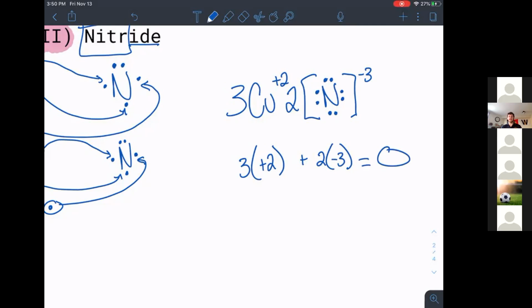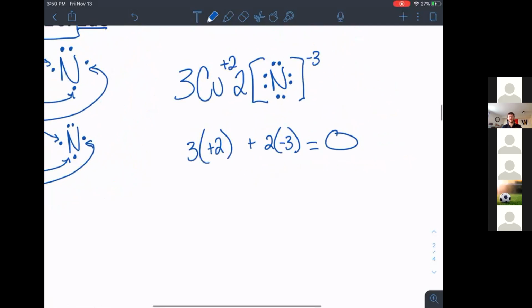And last but not least, let's come up with our formula here. What would my formula be for this compound? Remember, we write our element symbols, and then the subscript tells me how many we have, getting rid of those positive and negative charges.